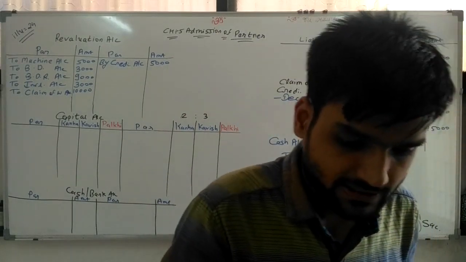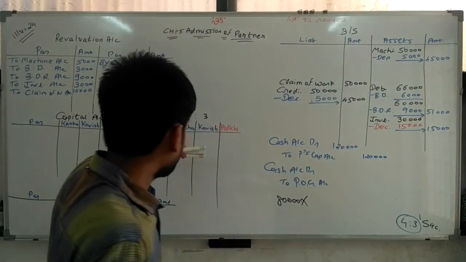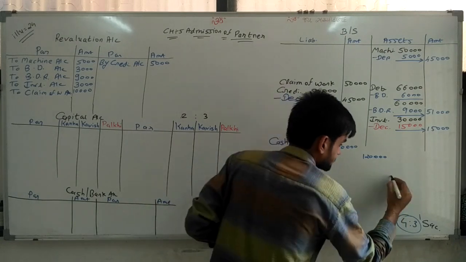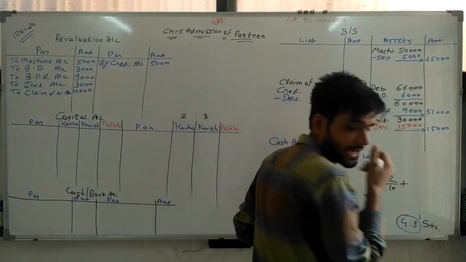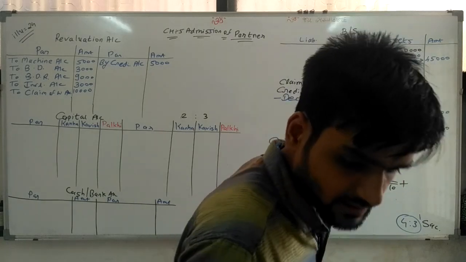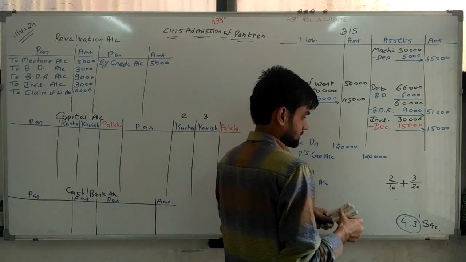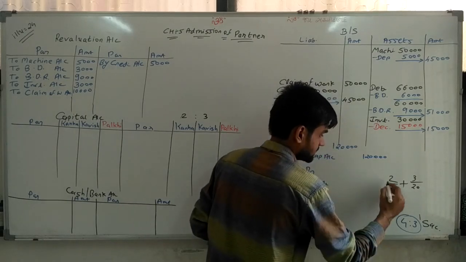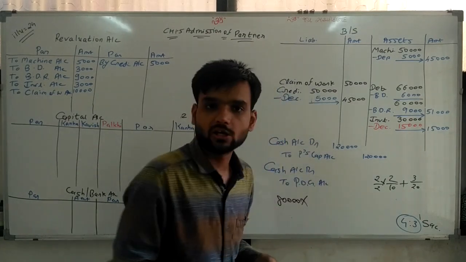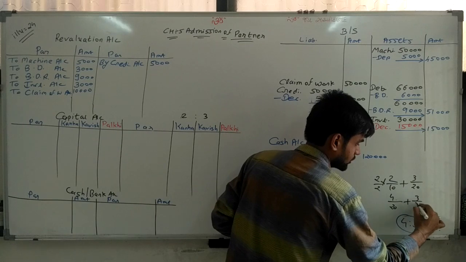Actually, sacrifice of Kahana was 2/10 and sacrifice of Kavisha is 3/20. Now multiply with 2 so that the denominator becomes the same: 4/20 plus 3/20.